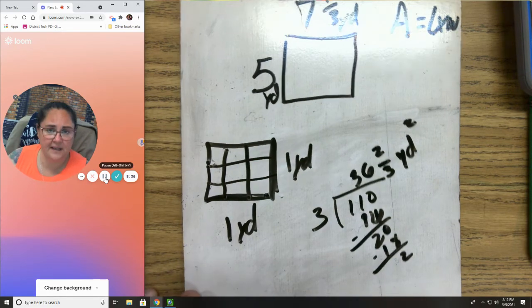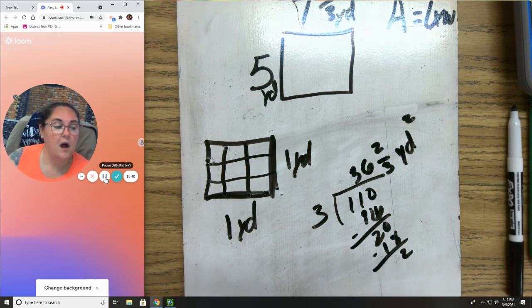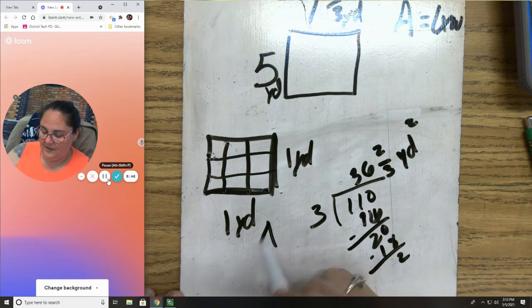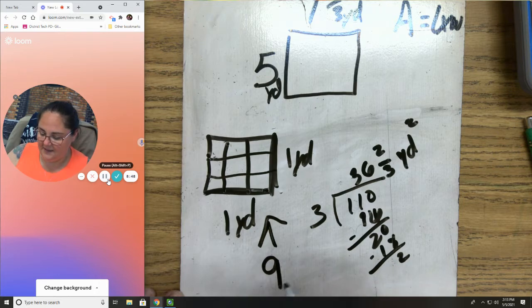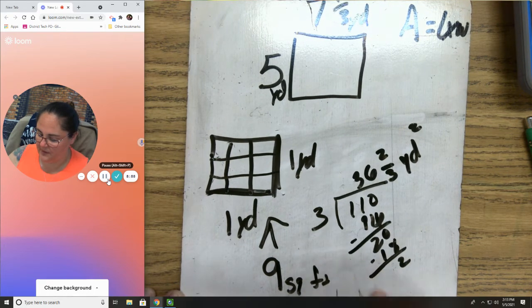How many square feet are in 1 square yard? Well, looking at this picture, you can see that 9 square feet equals 1 square yard.